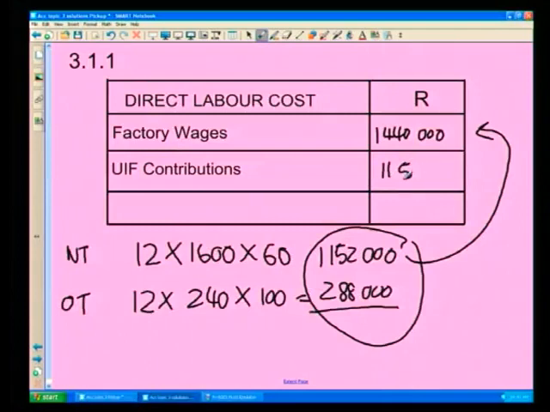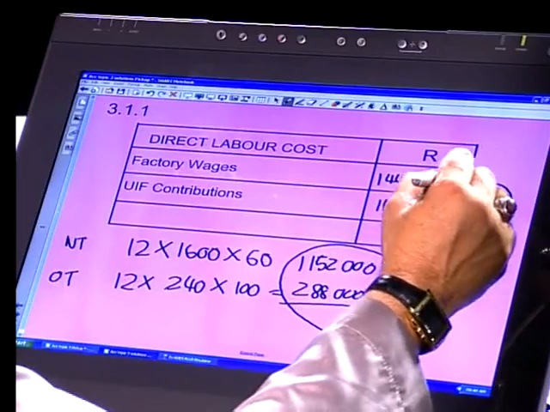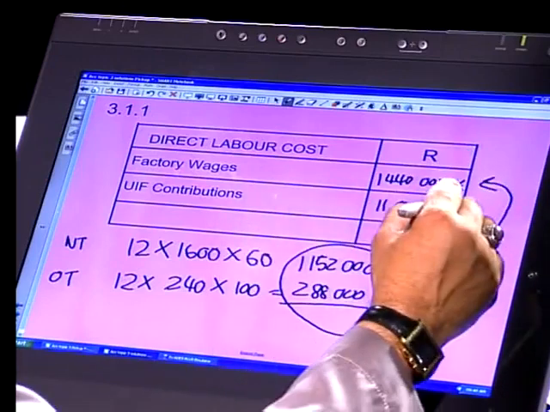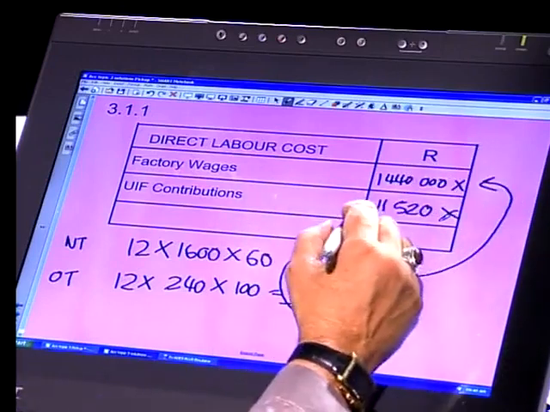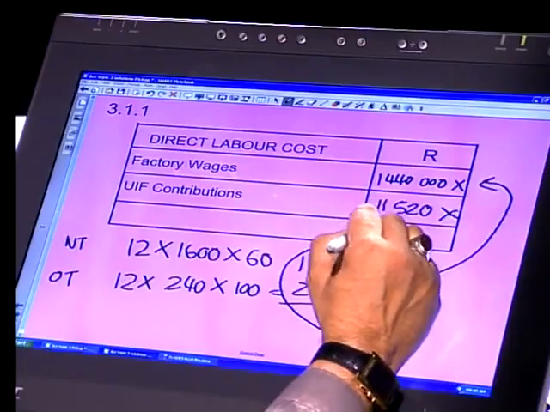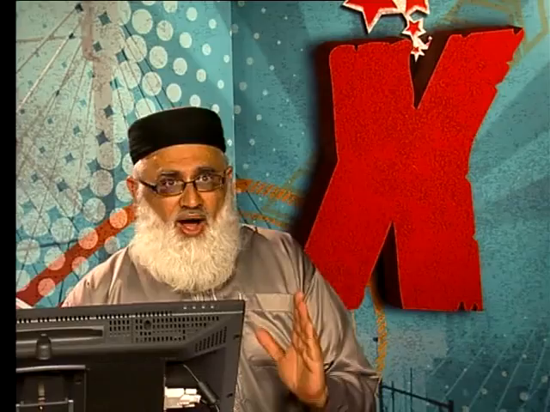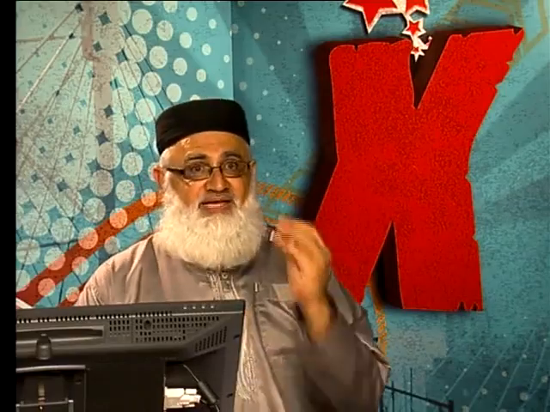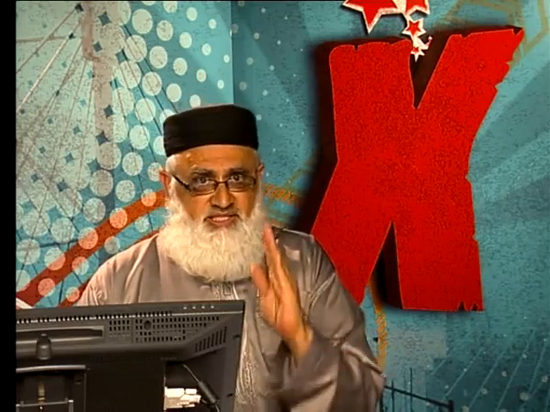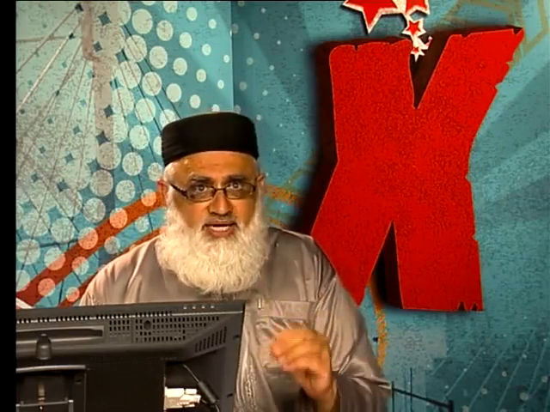On whose behalf? On behalf of the factory workers. As a result, 11,520. Watch what we do. 11,520. That will be my UIF contributions. If I add these two components together, which one? The factory wage plus my UIF contribution, I add them together and it gives me a figure of 1,451,520.